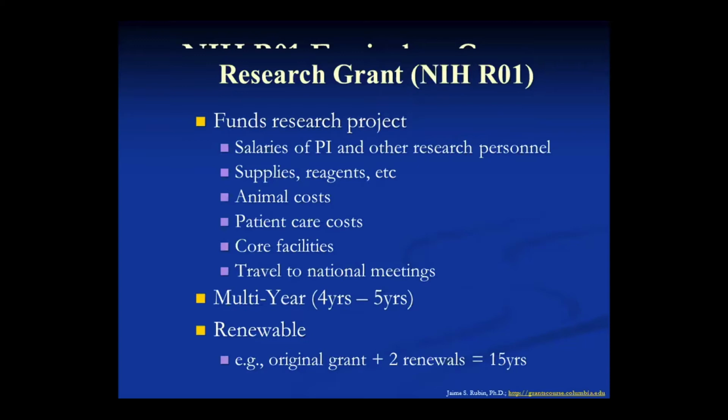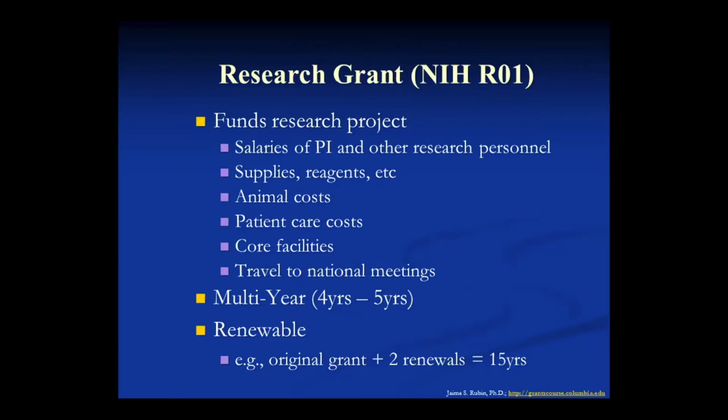In terms of what the funding provides, it provides for your salary for the percent effort that you are dedicating to that project. If it's 30% effort, then it would pay for 30% of the salary in most cases. It also covers the other research personnel, the students working with you, the postdocs, the research techs, any collaborators or co-investigators, and the supplies that you need, the plasticware, whatever, if you're doing research with animals or human subjects.